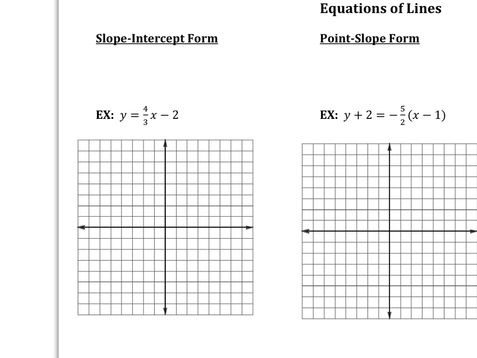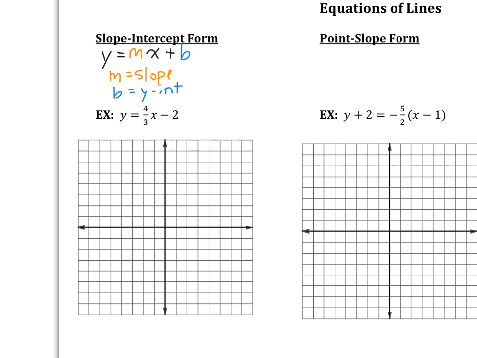So our slope-intercept form is in the form y equals, and then we have our slope m x plus b. Okay, m is our slope, and what's b? Hopefully you remember b is our y-intercept.